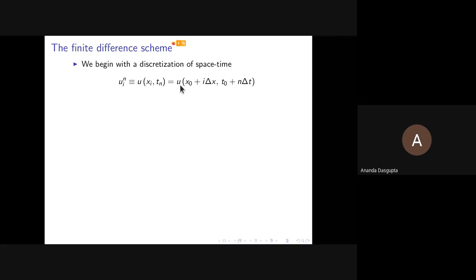So i and n, the two, okay, this is not a power. This is just a notation. I'm deliberately putting the time index up and the space index down just to distinguish between the two. The time index is up here, u_i^n. That means the nth time interval at the ith spatial position.